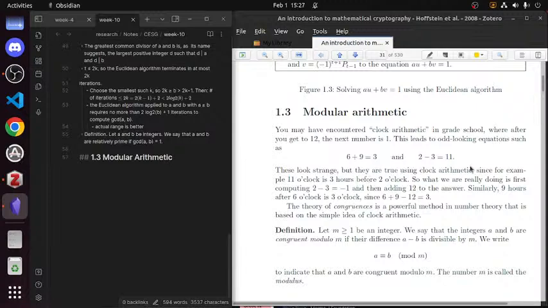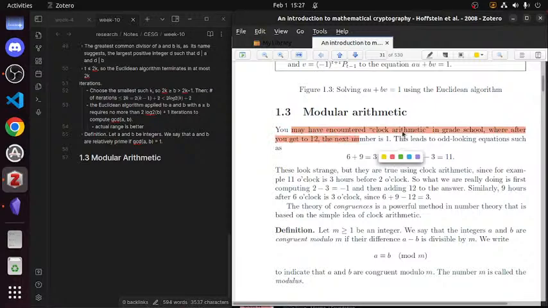Looks like everything's working. So you may have encountered clock arithmetic in grade school, where after you get to 12, the next number is 1. This leads to odd-looking equations such as 6 plus 9 equals 3 and 2 minus 3 equals 11.